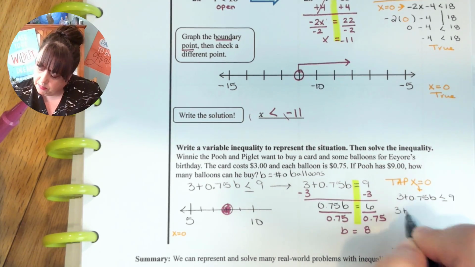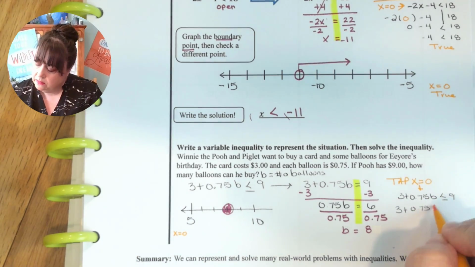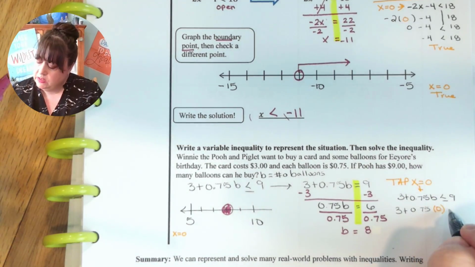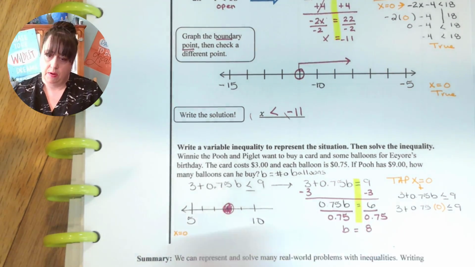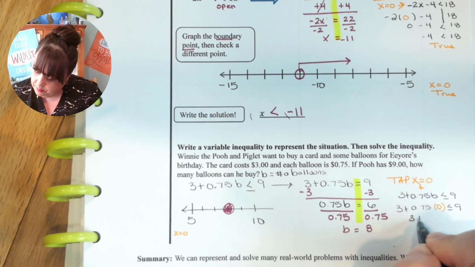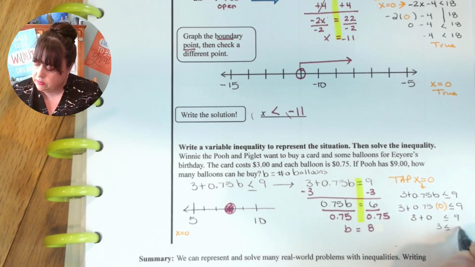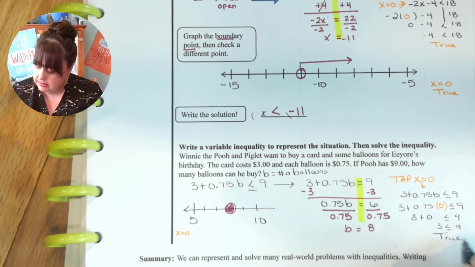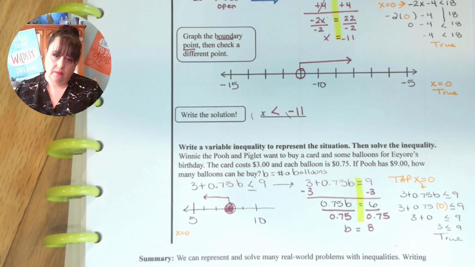So 3 plus 0.75 times 0 needs to be less than or equal to 9. Well, that's just 0. So 3 plus 0 needs to be less than or equal to 9. Is 3 less than or equal to 9? Yes. So 0 is down here, so it needs to go this way.